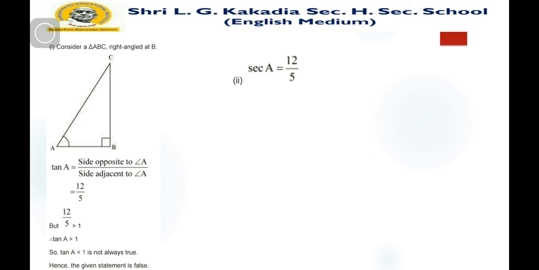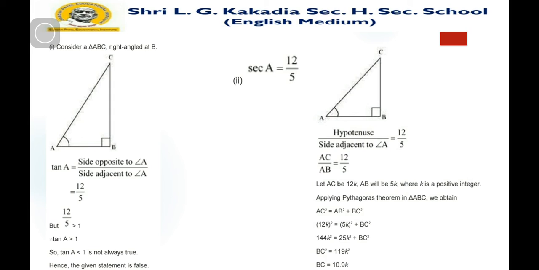Next, sec A is equal to 12 upon 5, that we have to check for some angle. So here ABC is a triangle, right angle at B. So sec A, that is hypotenuse upon the side adjacent to angle A, is equal to 12 upon 5, AC upon AB is equal to 12 upon 5.